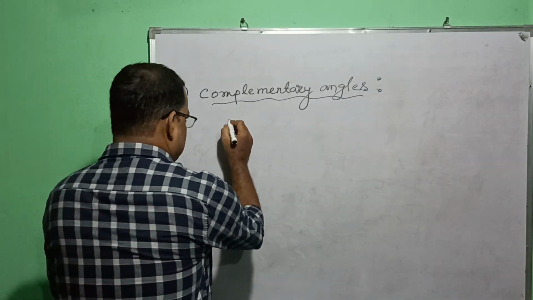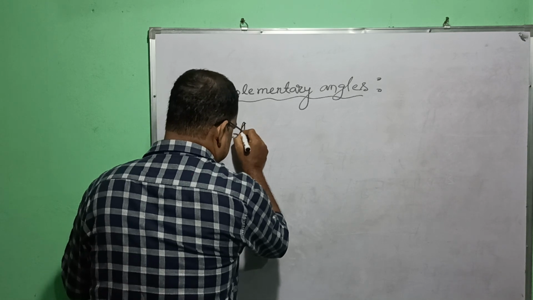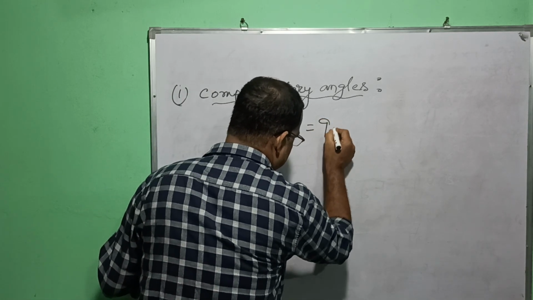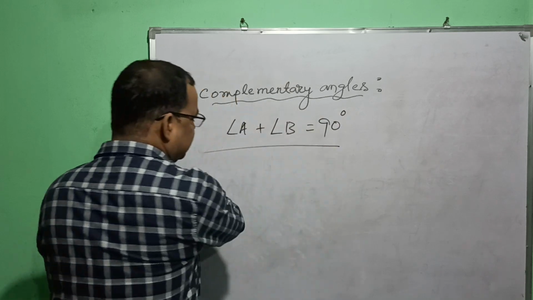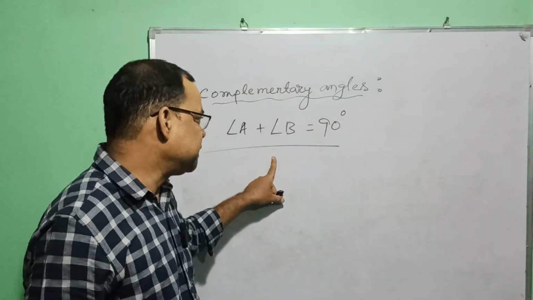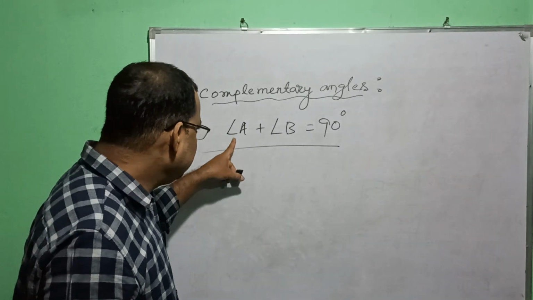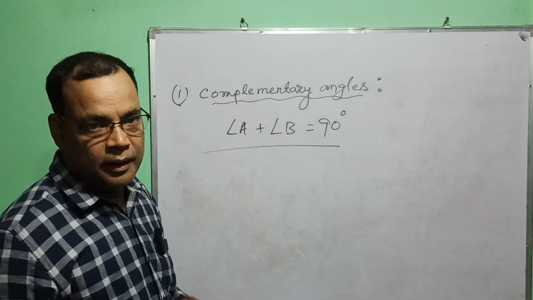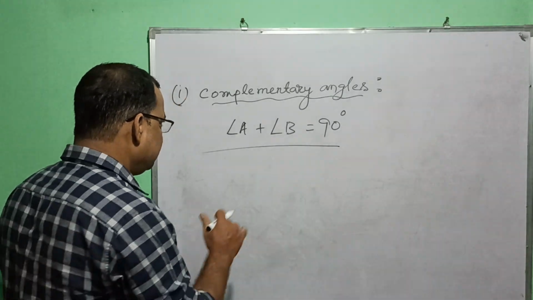So if angle A plus angle B equals 90 degrees, then we can say that angle A and angle B are complements of each other, or A is the complement of B, or B is the complement of A.